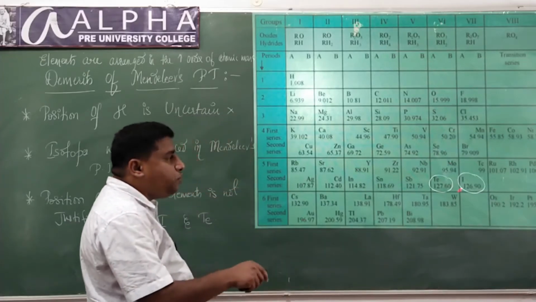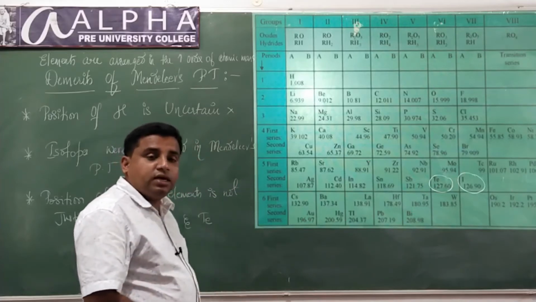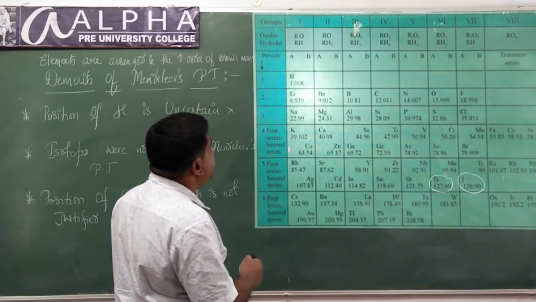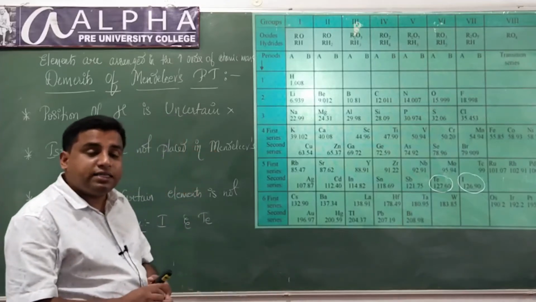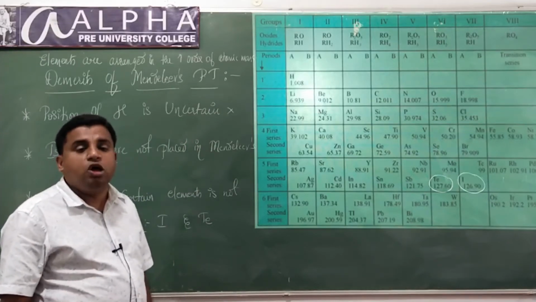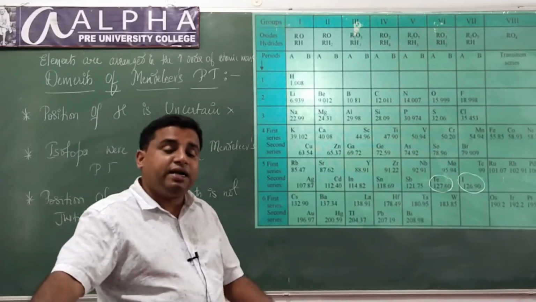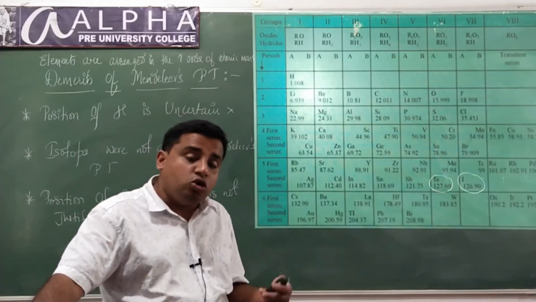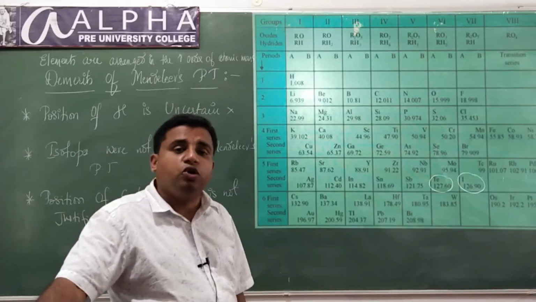No, there are no noble gases at all. That means noble gases were not given any place in Mendeleev's periodic table. Noble gases were placed separately in the 0th group. Why were they placed separately? No proper explanation was given. That is also one of the demerits of Mendeleev's periodic table.